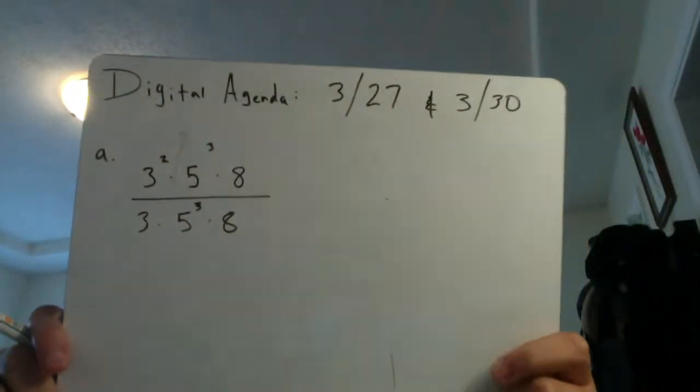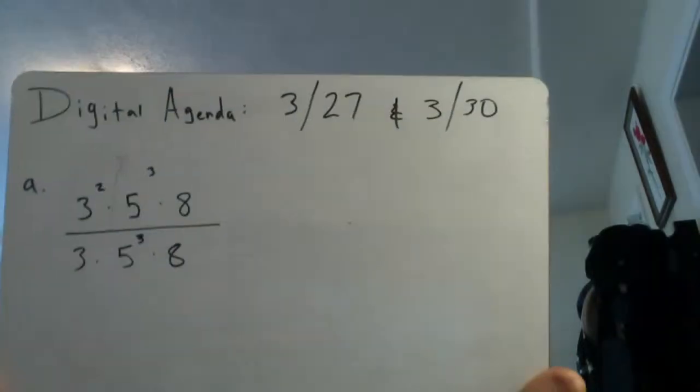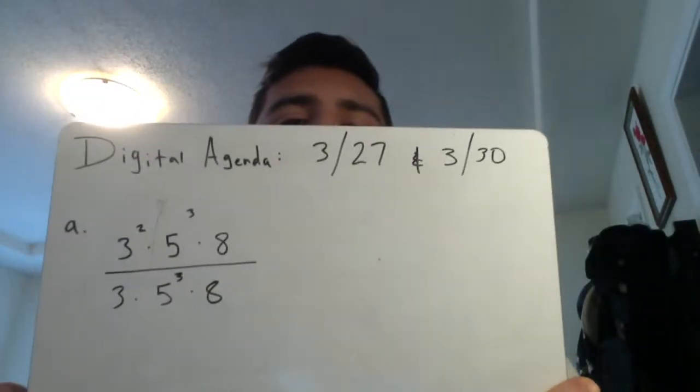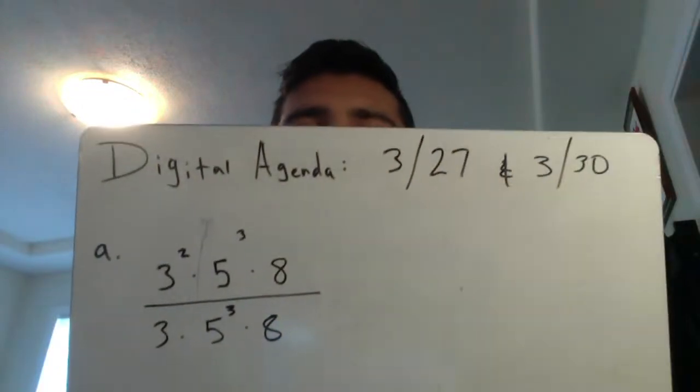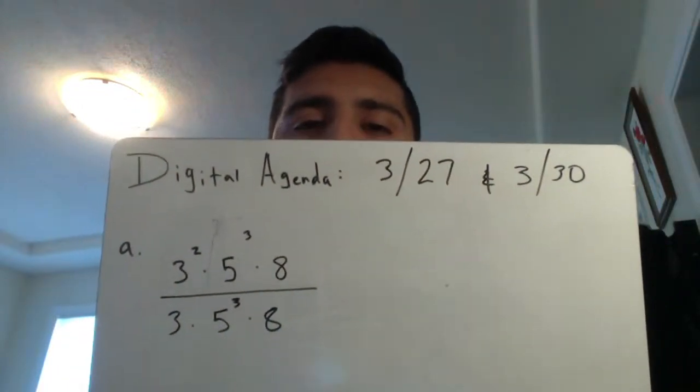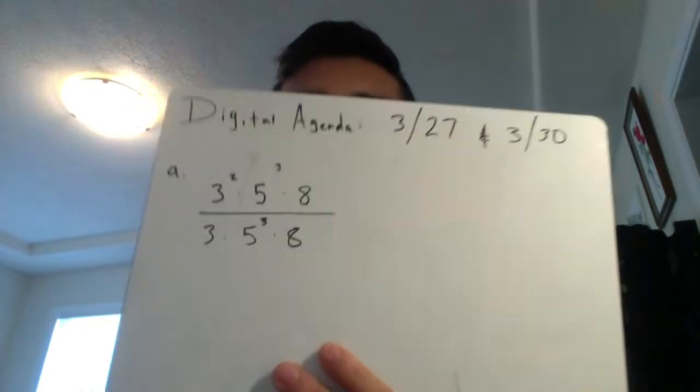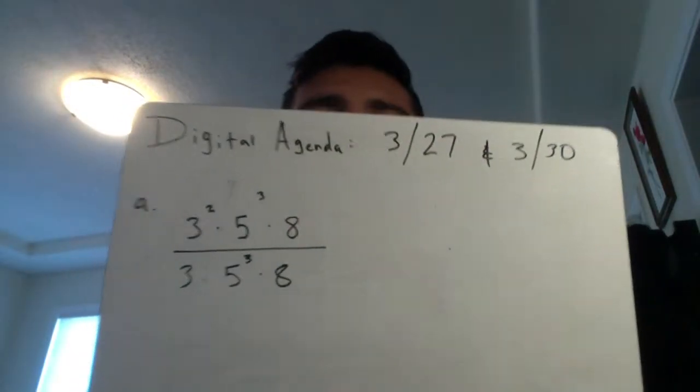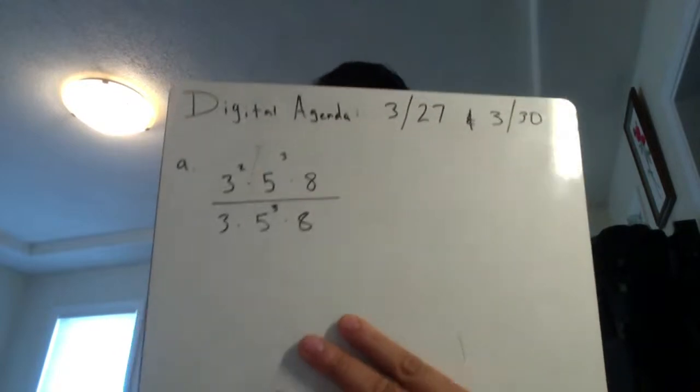Based off of the last lesson that we did, we learned about the product rule, the power rule, and the quotient rule. So in the first do now on the digital agenda, they want you to simplify the expression. It's 3 to the second power times 5 to the third power times 8 in the numerator, and 3 to the first power times 5 to the third power times 8 in the denominator.